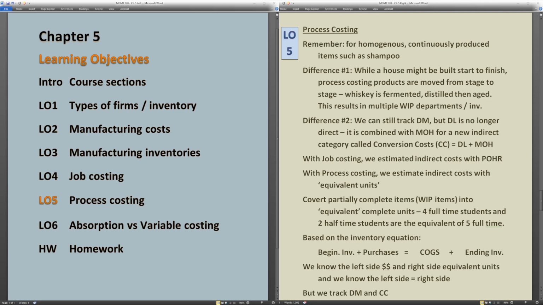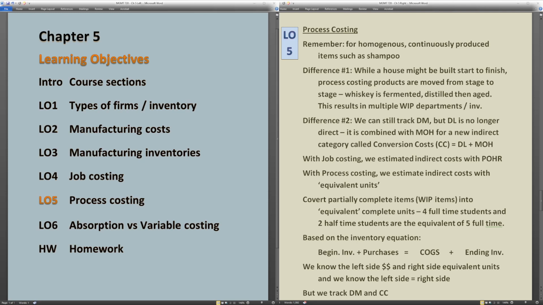We try and convert direct materials and conversion costs into full-time equivalents and then figure out how to price them that way. So as far as theory, the way that process costing works is based upon the inventory equation. Remember, the inventory equation was beginning inventory plus purchases equals cost of goods sold plus ending inventory.